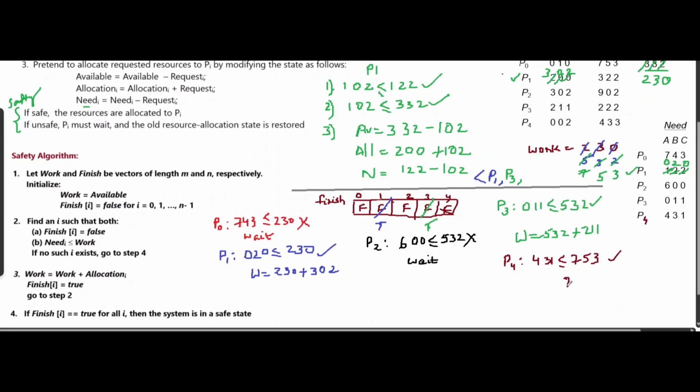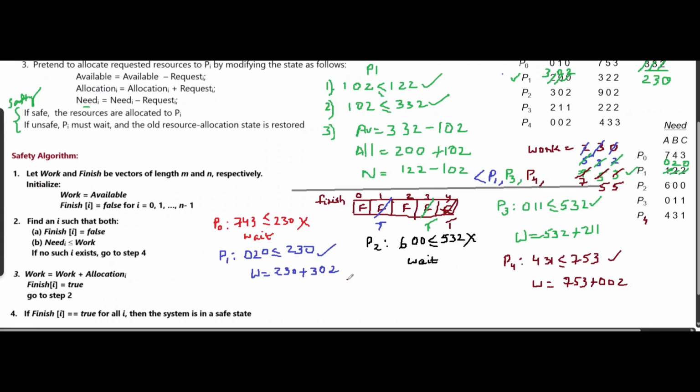The Work value, 7 5 3, is to be added to the Allocation of P4, which is 0 0 2, and the Work has to be updated. 7 plus 0 is 7, 5 plus 0 is 5, and 3 plus 2 is 5. The Work has been updated, and finally P4 is made true. Now we still have two processes waiting.